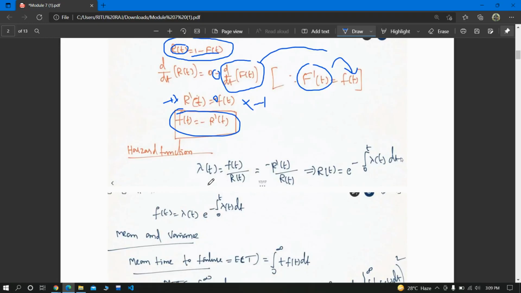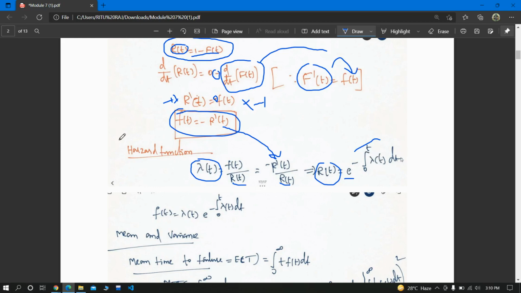Now the hazard function. The hazard function is denoted by lambda of t, that is small f of t divided by capital R of t. Small f of t is nothing but minus R dash of t. So we have replaced f of t by minus R dash of t, and this would result in R of t, because we know this formula, R of t is equal to e to the power minus the integral from 0 to t of lambda t dt.